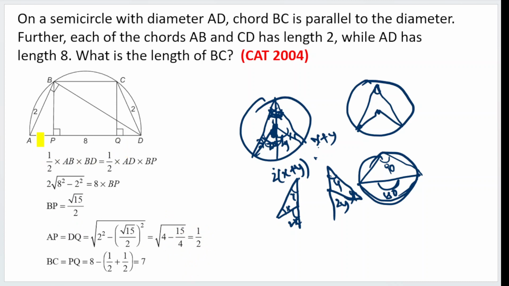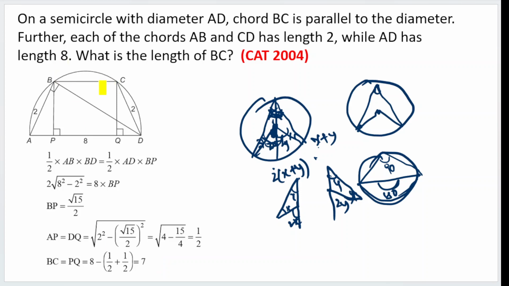If AP is half, then QD is also half because this diagram is symmetric. So AP equals DQ equals half. What is BC? BC is equal to PQ, which is AD minus 2 into AP. So PQ is 8 minus 2 into half, which is 1. So total BC is equal to 7.